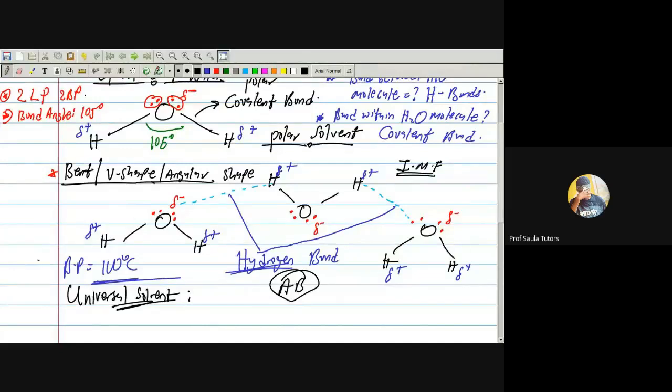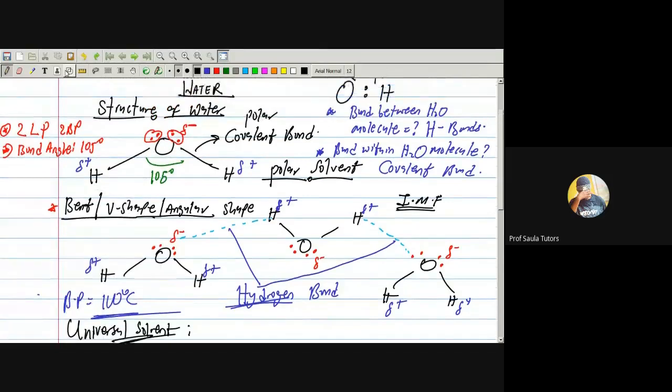So universal solvent means that it can dissolve many substances. Good. It can dissolve what? Many substances. And that is the introduction to water. From the introduction, thousands of questions can be asked. I'll send this note to us, and make sure you jot the important points. So that is for that.